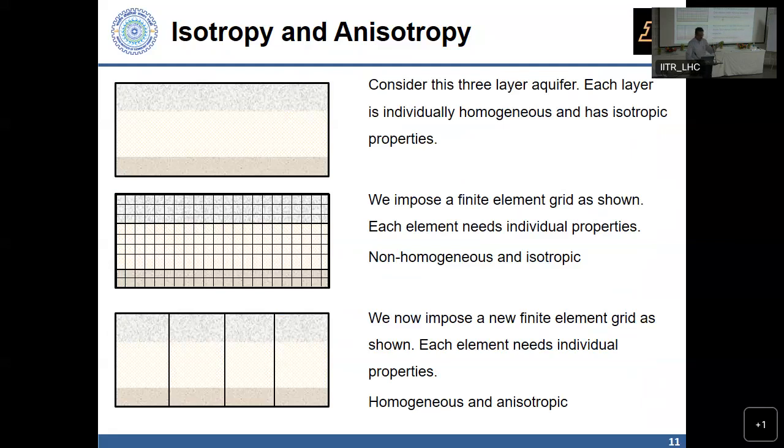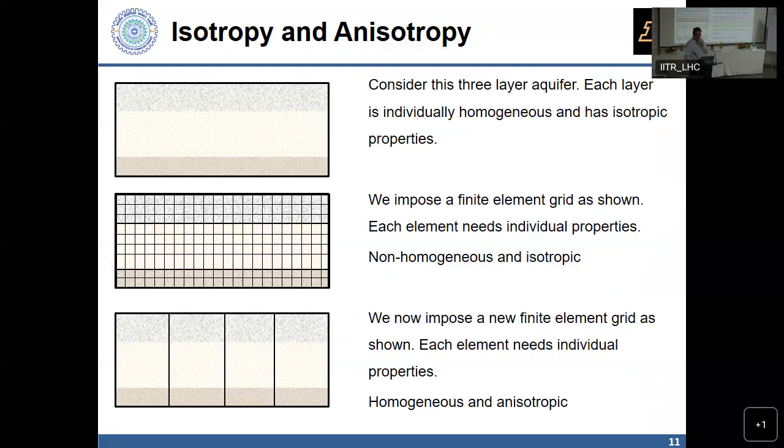Let's say I take the same aquifer. However, my block or my element size is given by this. And I have these as my element size. If I have to prescribe one property for each element now, because I have these three layers, K sub X would be essentially parallel to the stratification. K sub Z would be perpendicular to the stratification. Those two values will be different.